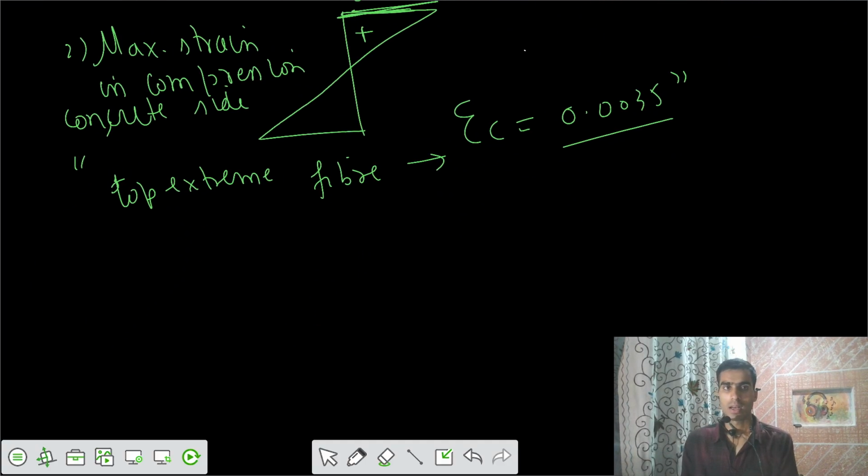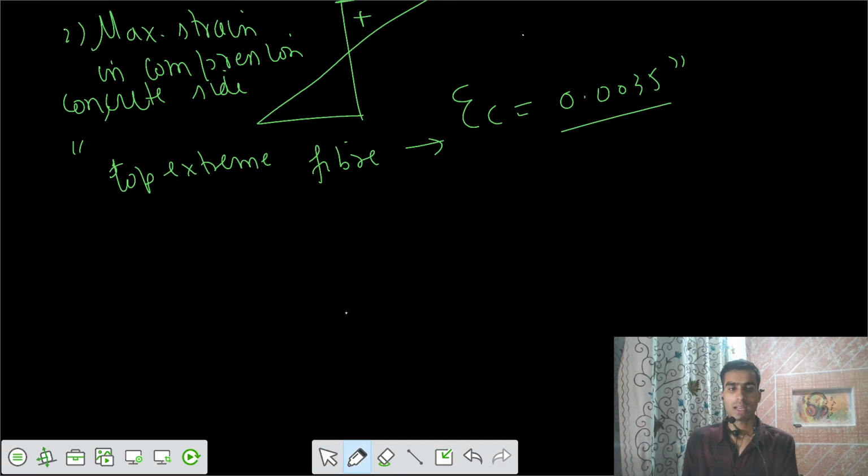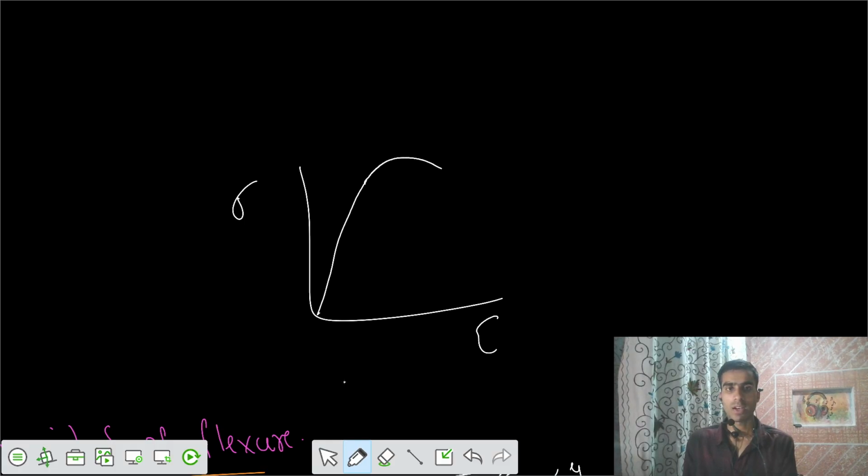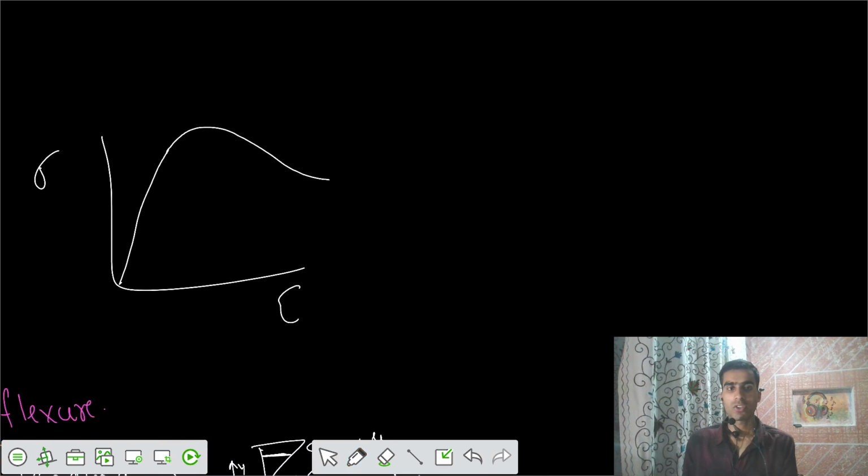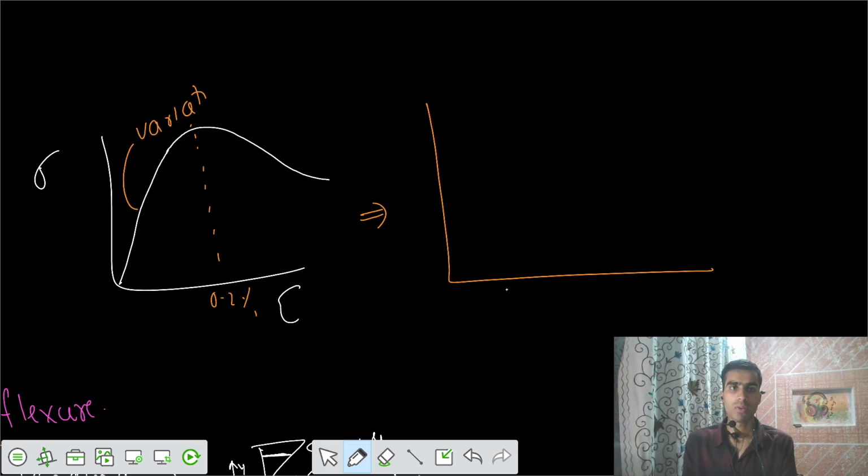The third one: we saw the stress strain curve for concrete, which was in some sort of fashion like this. Then we assume it in this fashion. Up to the peak value, up to 0.2% strain, we assume the variation is parabolic. Similarly we idealize the curve as also parabolic up to this strain.